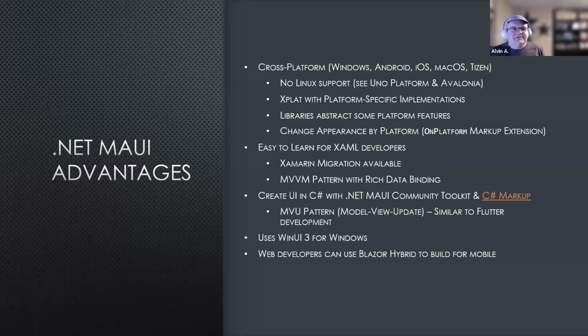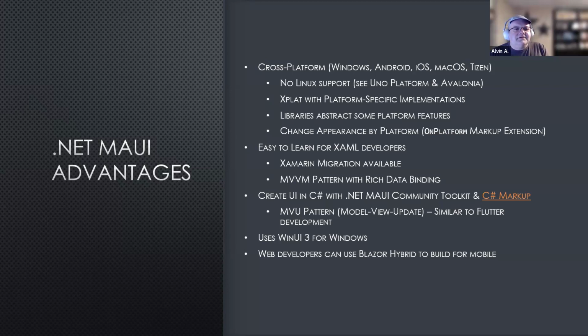There's wrappers to access those kinds of things. And if you wanted to render anything in your UI differently on different devices, you can create platform-specific XAML using the OnPlatform markup extension. So in your XAML, you would say OnPlatform iOS, this would be visible, or OnPlatform Android, do this.